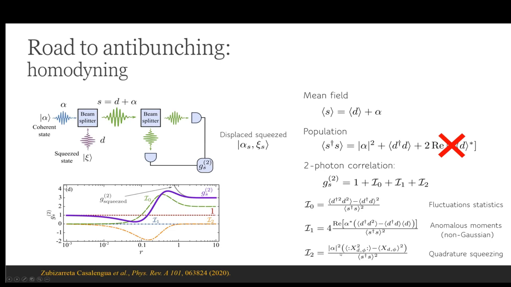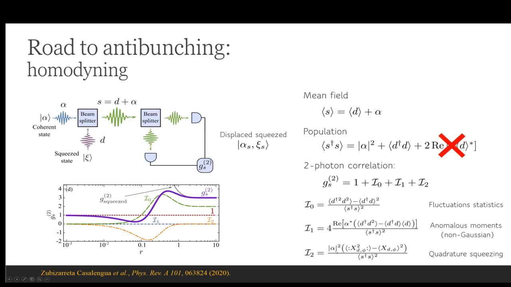And the other one, I think the most important one in this case, is the quadrature squeezing term, I2. This tells us that the interference at the 2-photon level, if it's positive, will create a greater value for the P2, or a much smaller value for the G2.